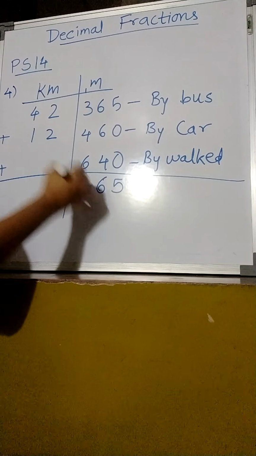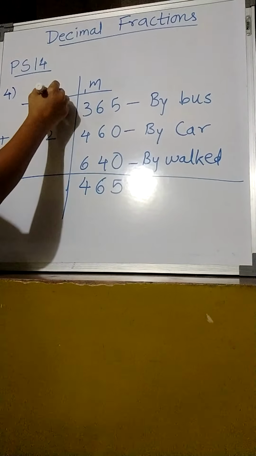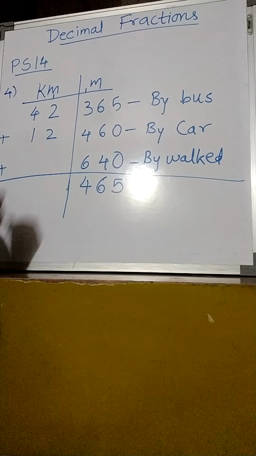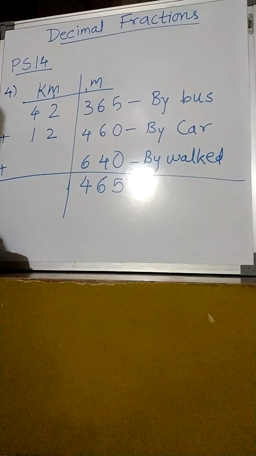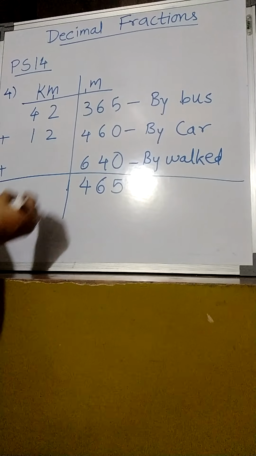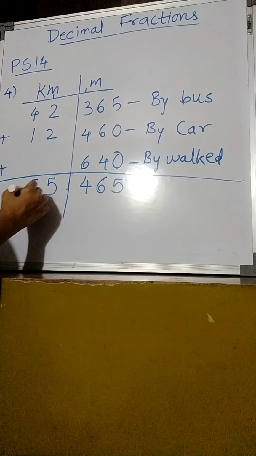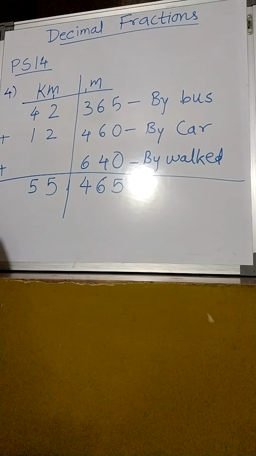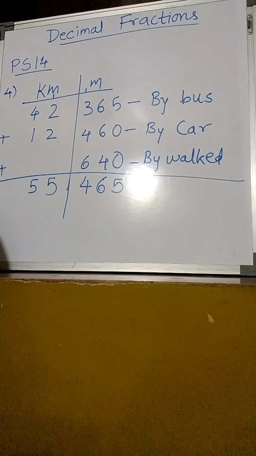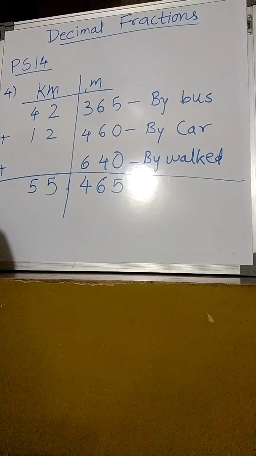Write 4 here and 1 carry over. 2 plus 1, 3. 3 plus 2, 5. 4 plus 1, 5. So your answer is 55 kilometer and 465 meter.